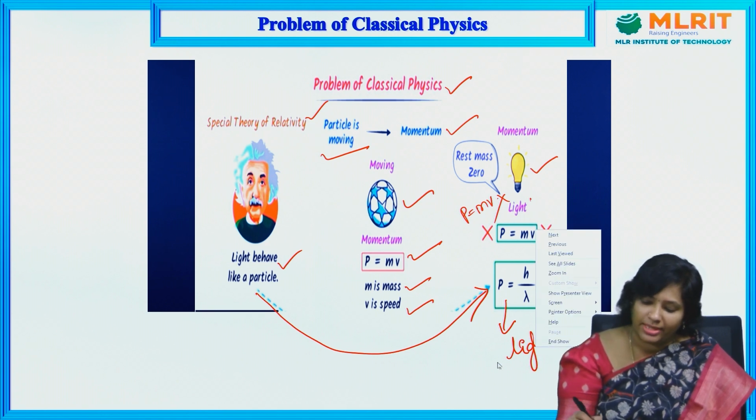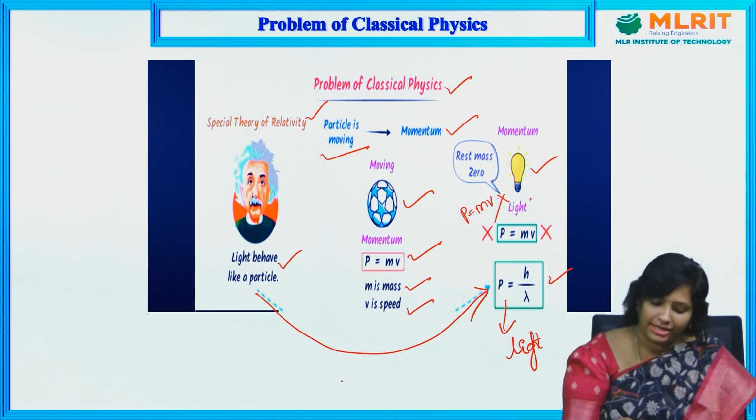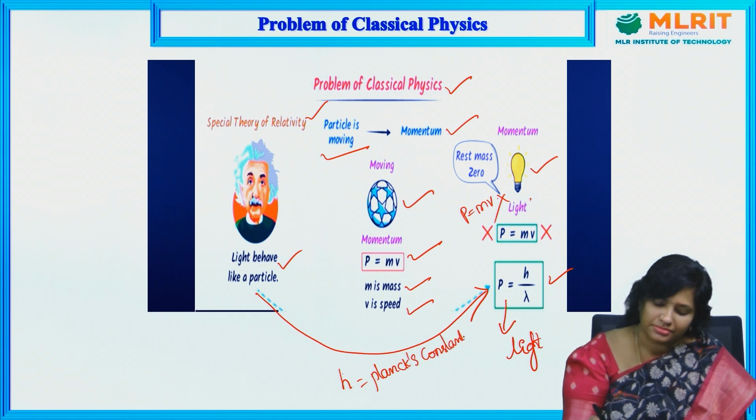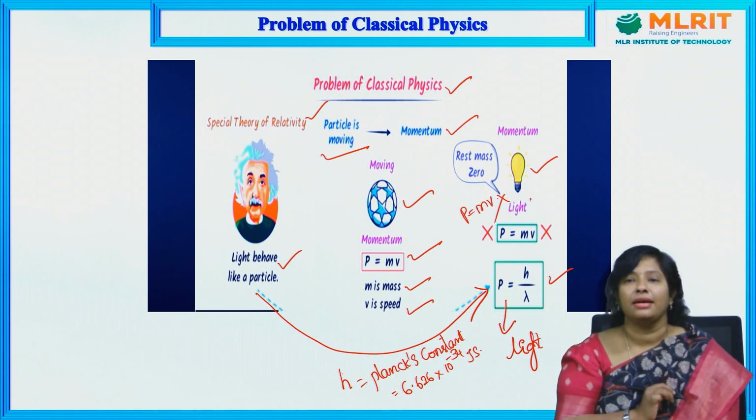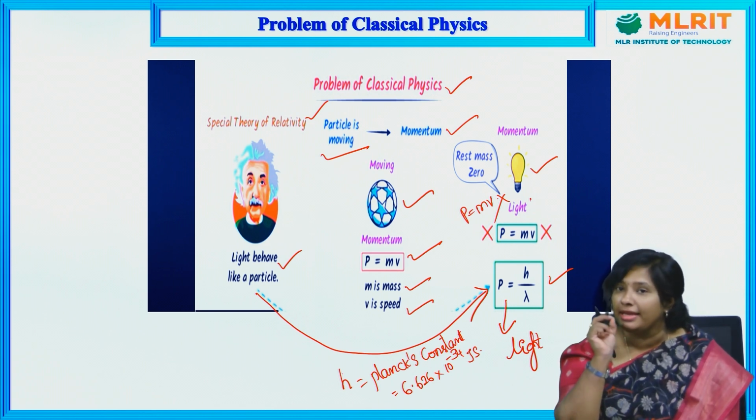This is the momentum of light, where h is Planck's constant, whose value is 6.626 × 10^-34 joule second, and lambda is the wavelength of light.